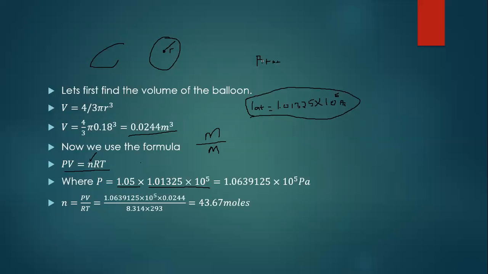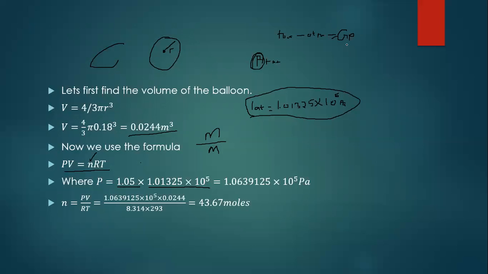But gauge pressure is pressure where they have not considered the atmospheric pressure. So if you have your total pressure and you subtract atmospheric pressure, what you find is your gauge pressure.